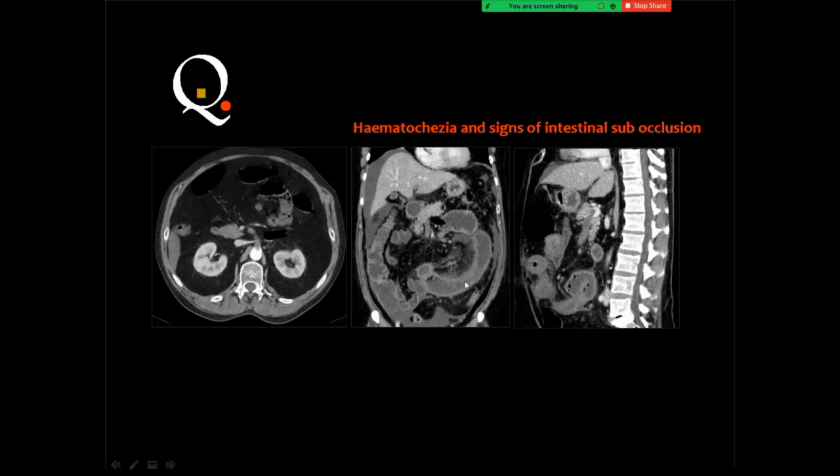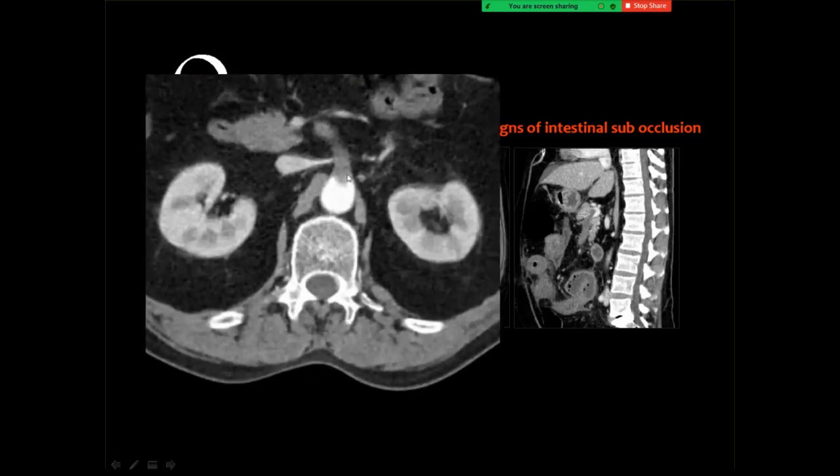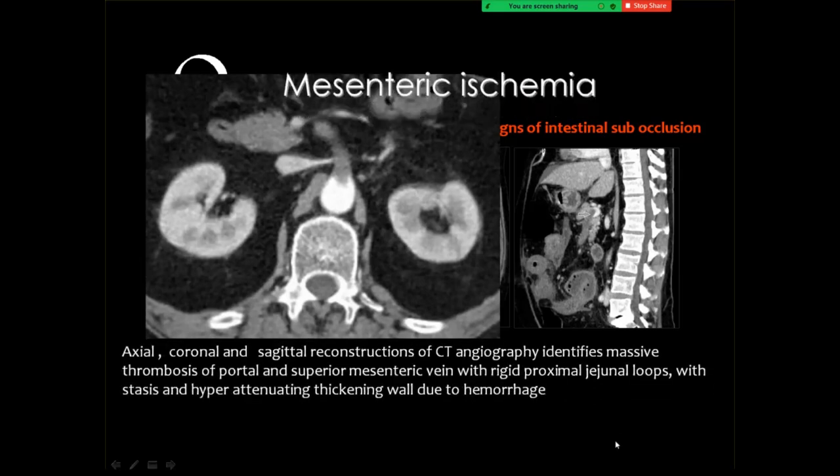And you also see that the bowel loops are dilated, and the wall of this particular bowel is not enhancing compared to the normally enhancing bowel. Then this is an occlusion of the superior mesenteric artery with mesenteric ischemia, and you may be able to see also some air loculi in the wall of the ischemic loops.